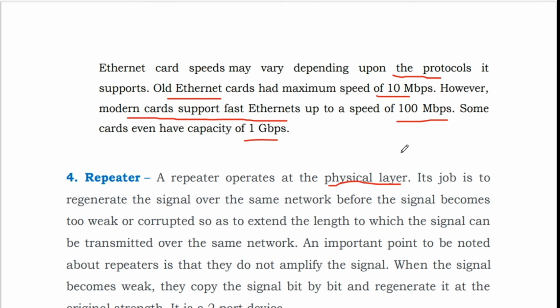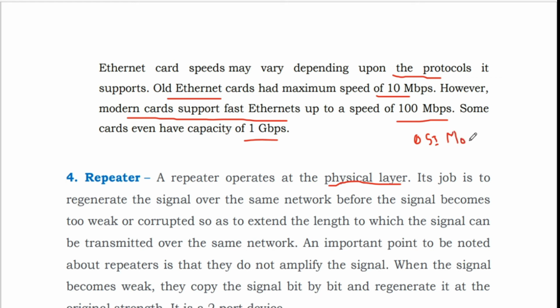Whatever communication happens over the internet, or whenever you are using a mobile phone, and whatever data is transferred or received on your mobile phone, happens over networking layers. We call it the OSI model. This model consists of different layers.